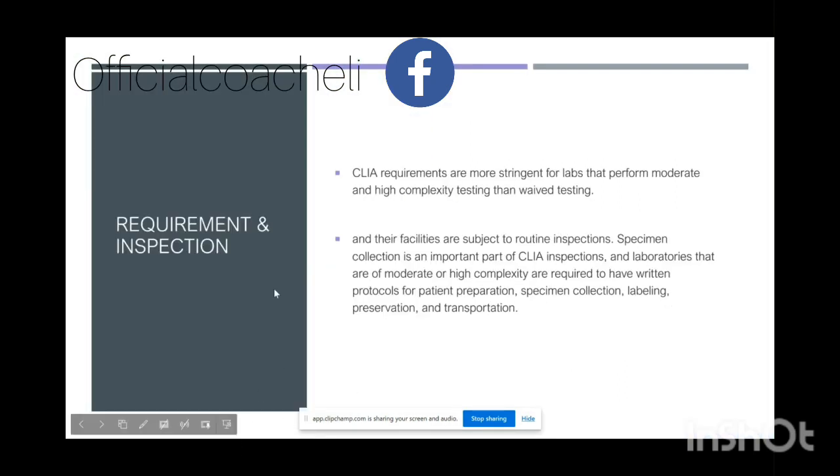So the requirements and inspection, I did talk about that a little bit. For CLIA requirements, most are stringent for labs that perform moderate and high complexity, like I said. Unlike waiver, which is the low risk. There is no survey when it comes to requirements and all that. You just have to fill out your application carefully.